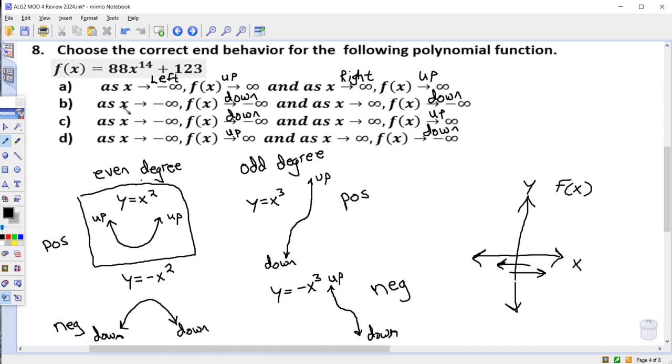So you can see this first one says up, and that's what we have here because we have a positive coefficient and an even degree polynomial. Positive coefficient, even degree. It's up and up. Left up, right up.